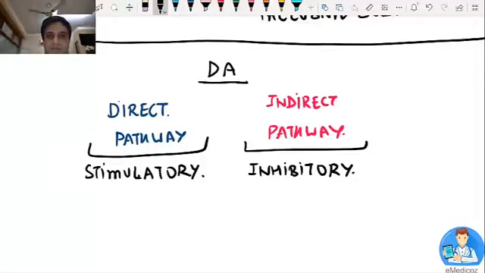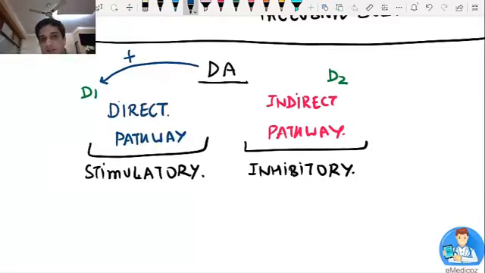Now, how does it all work? Remember this. There are two receptors present. One is a D1 and the other one is a D2 receptor. Dopamine works on the D1 receptor and stimulates it. Dopamine also works on the D2 receptor and stimulates it. Now please be attentive, it is a very simple thing.